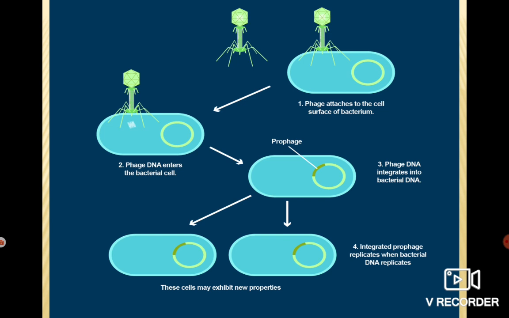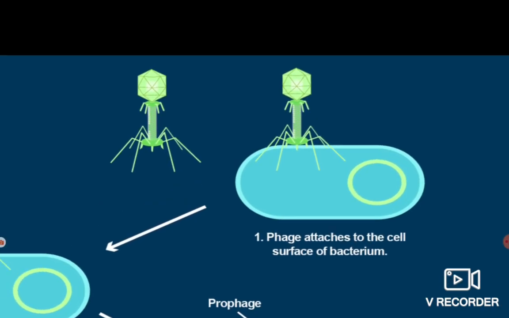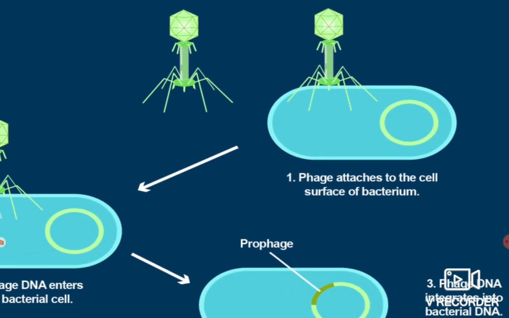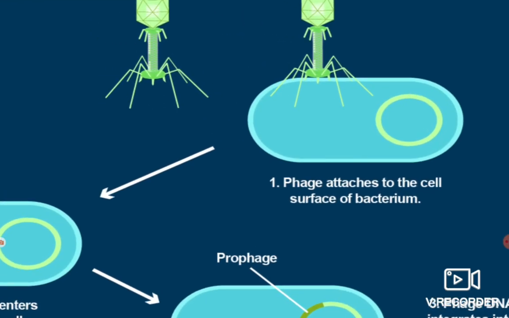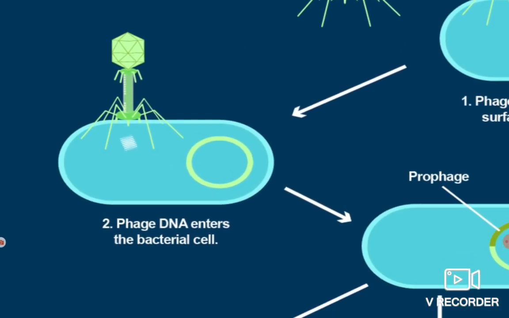See here, the lytic cycle of this virus is explained. First, this virus or bacteriophage gets attached to the bacteria. Phage attaches to the cell surface of the bacterium. Second, phage DNA enters the bacterial cell.